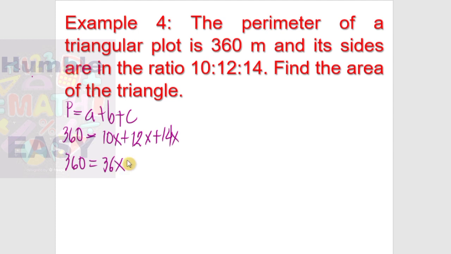To get the value of x, we are going to divide both sides by 36, and we come up with x equal to 10. So now we have 10x, that is 10 times 10, and that is 100.